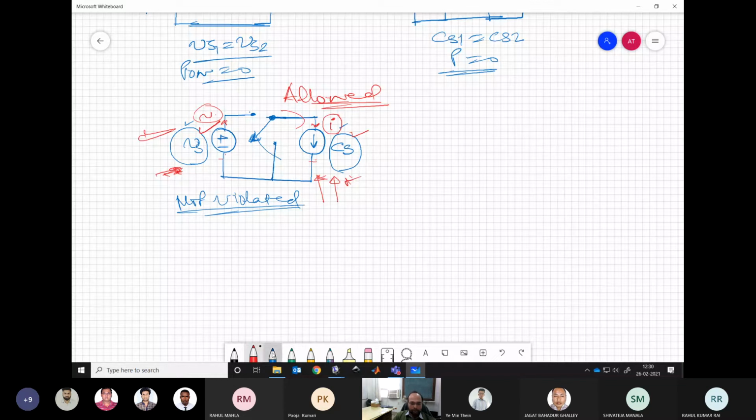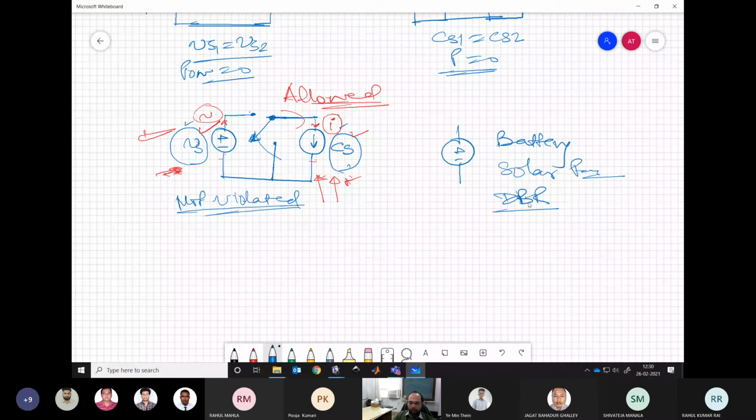Now the question comes: in nature we have voltage sources. There are many, like a battery, a solar panel. If I am talking in particular about a DC voltage source, then you may have a diode rectifier connected to the grid supply, providing a stiff voltage.